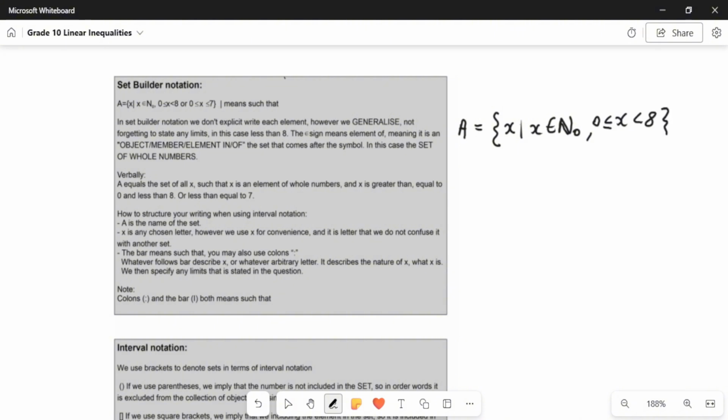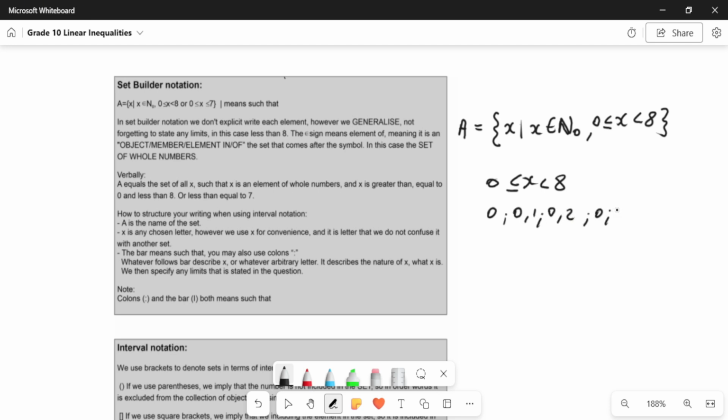Now watch here. Let's say that we did not put this part here. It's important that I explain this so that you understand why we put each part. Let's say I don't put this part and I just leave it like this. Then x greater than or equal to 0 and less than 8 would imply that we could have 0, 0.1, 0.2, 0.3, 0.4, 0.45.